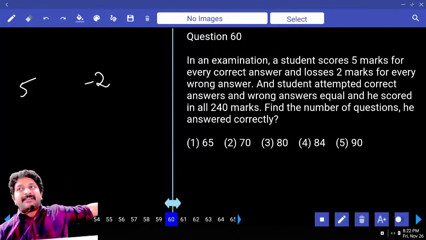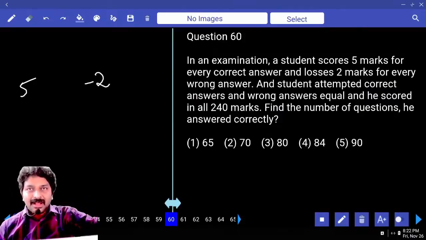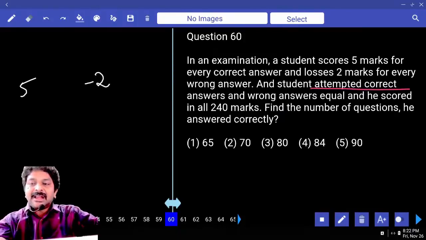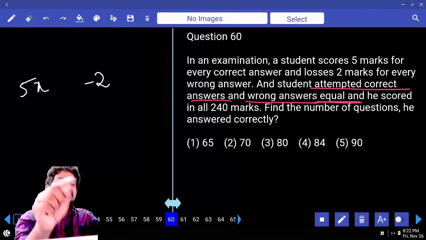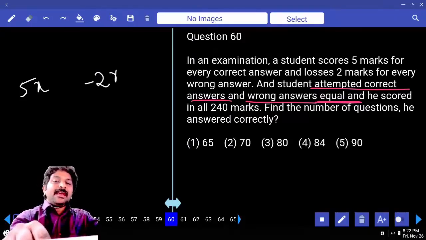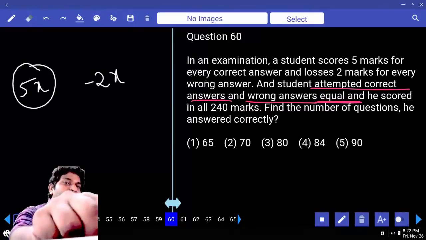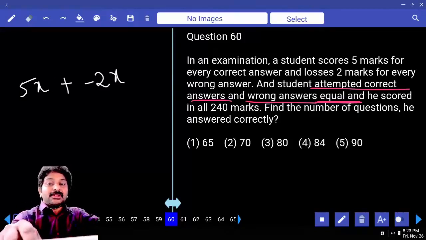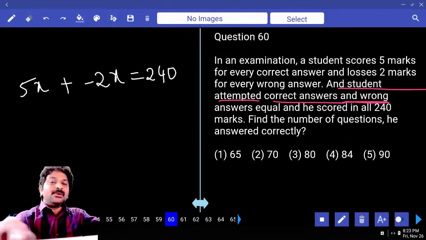You will get 5 marks for every correct answer, and lose 2 marks for every wrong answer. And the condition says the student attempted equal correct answers and wrong answers. That means if x questions are answered correctly, x questions are answered wrongly, the total positive marks and total negative marks, when you add both, must be equal to your total marks, which is 240.